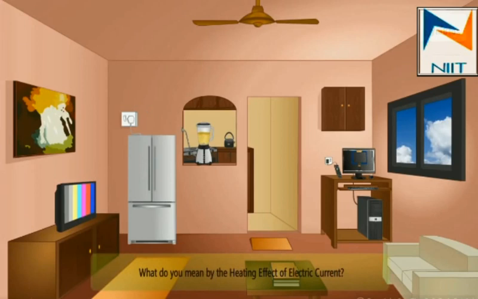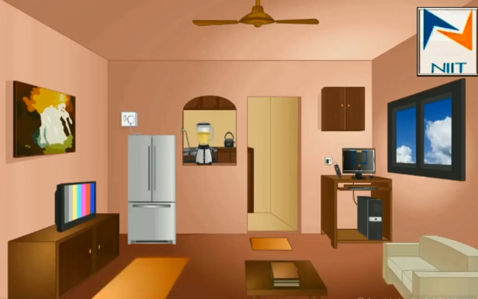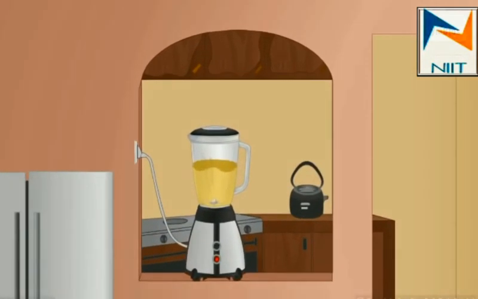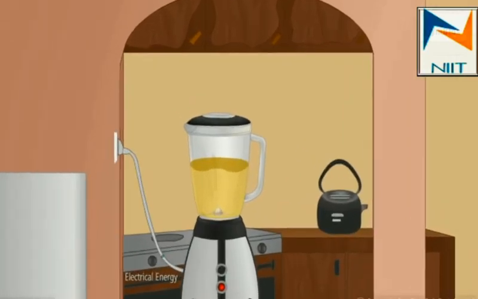What do you mean by the heating effect of electric current? The energy can be transformed from one form to another. When current passes through an appliance such as mixer, it gets electrical energy. What happens to this energy? Where does it go?